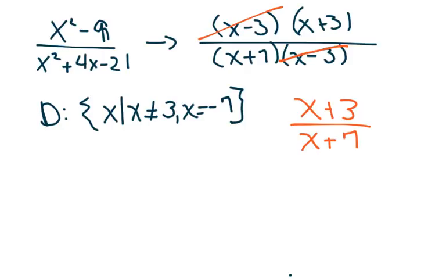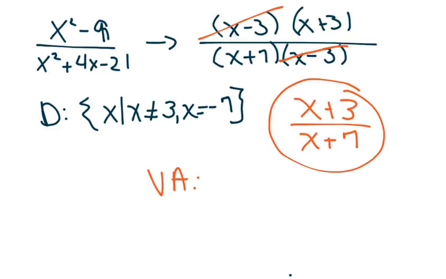And from the depressed equation is where you get your vertical asymptote. So in this case, the vertical asymptote is x equals negative 7.